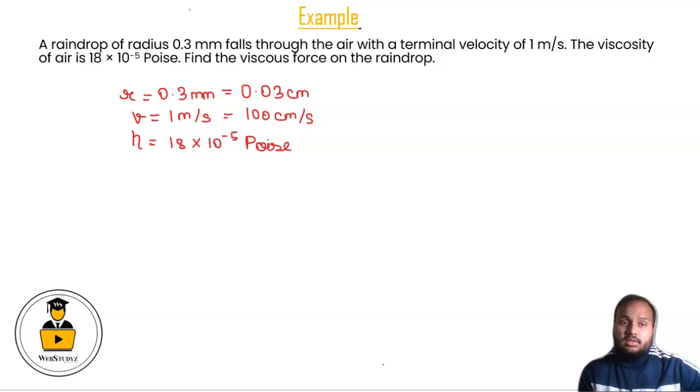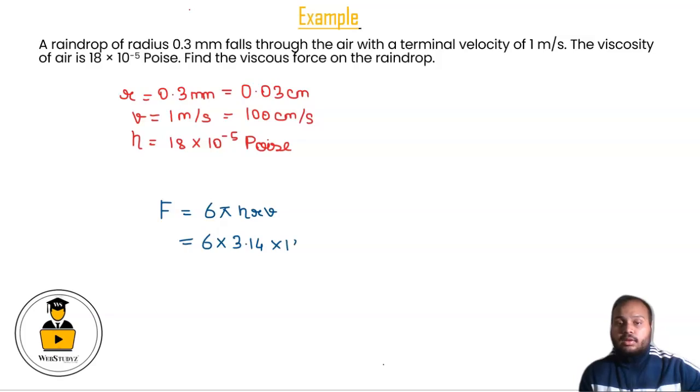We have to find the viscous force, and as we already know the formula, F is equal to 6 pi nu r v. Let us substitute all the values in it. We have 6 into the value of pi is 3.14. Fine.